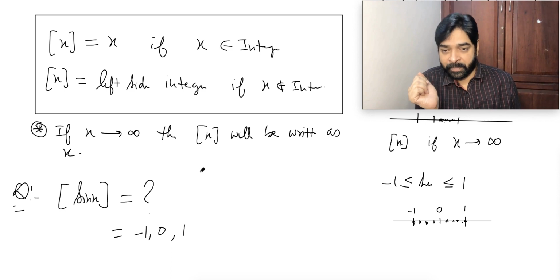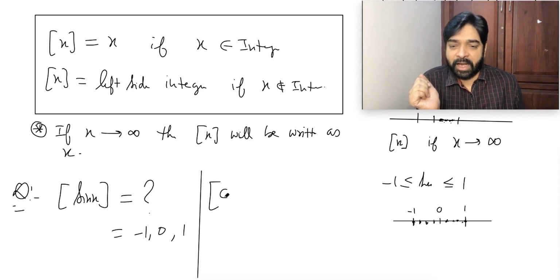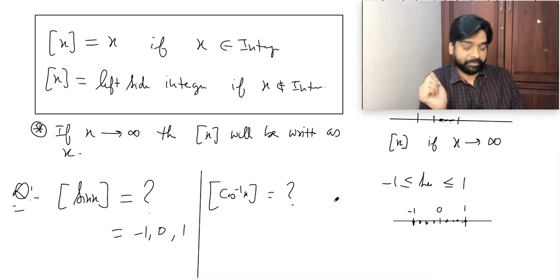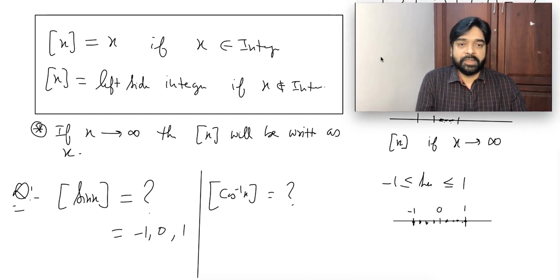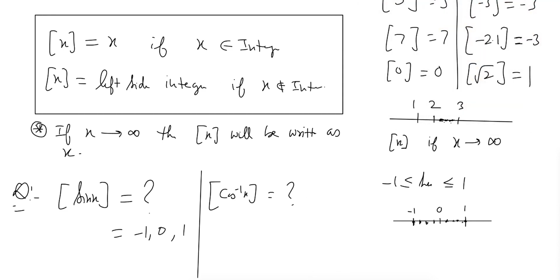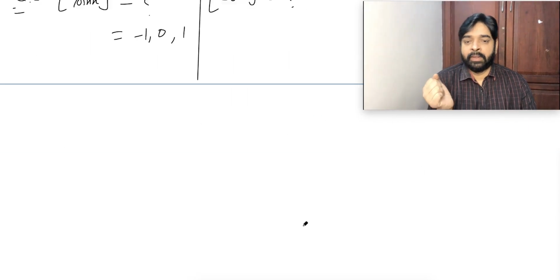Next, another answer me. What will be greatest integer of cos inverse x? Properly think and tell me the answer. This time no mistake. First, I will try to get the cos inverse x graph.